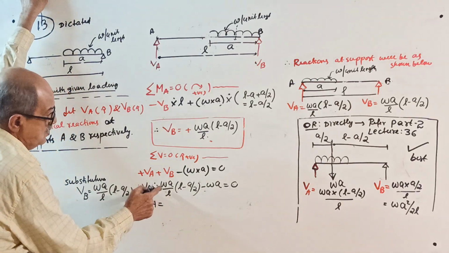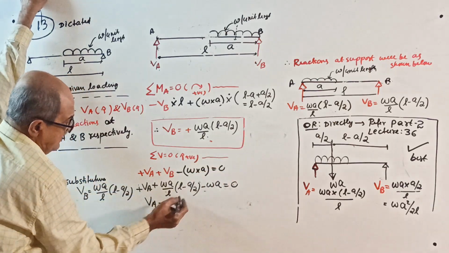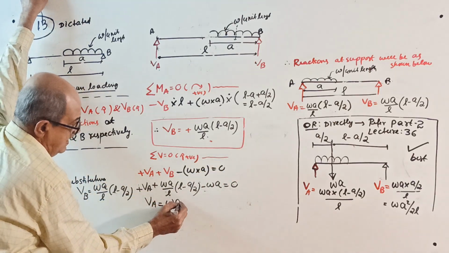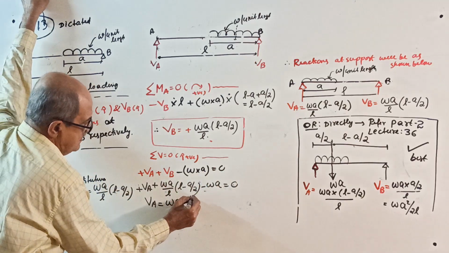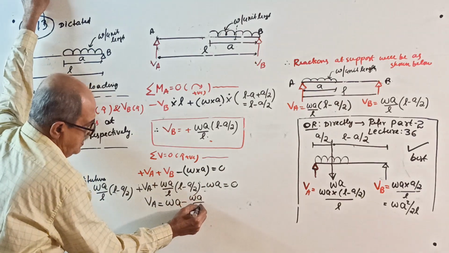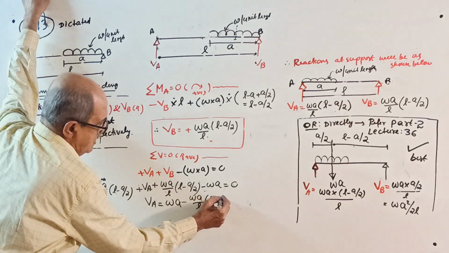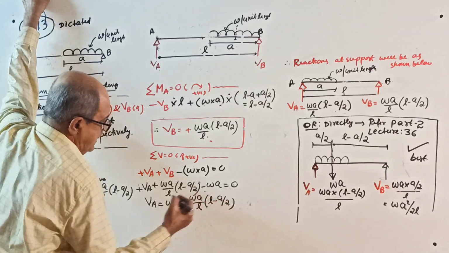Or VA equal to, this minus WA, that side will become plus WA, then minus WA by L into L minus A by 2.